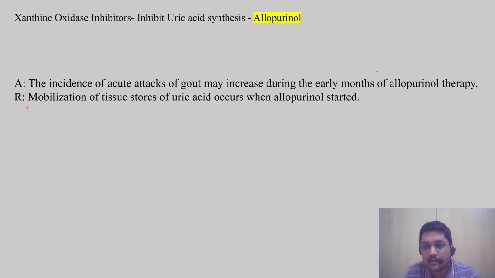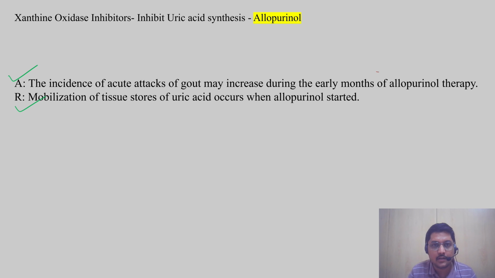So there is less uric acid in the body pool, it is decreasing, right? So from all the tissue stores, this uric acid is mobilized when allopurinol therapy is started. So we will see a flare-up of symptoms when we start allopurinol initially. That's why allopurinol can be added with colchicine in the beginning days. Okay, so the answer for this question is yes, yes. The assertion is right here.